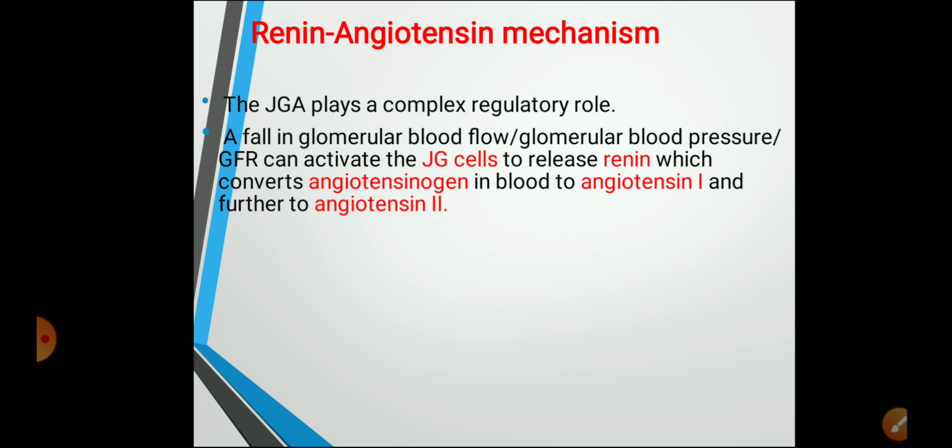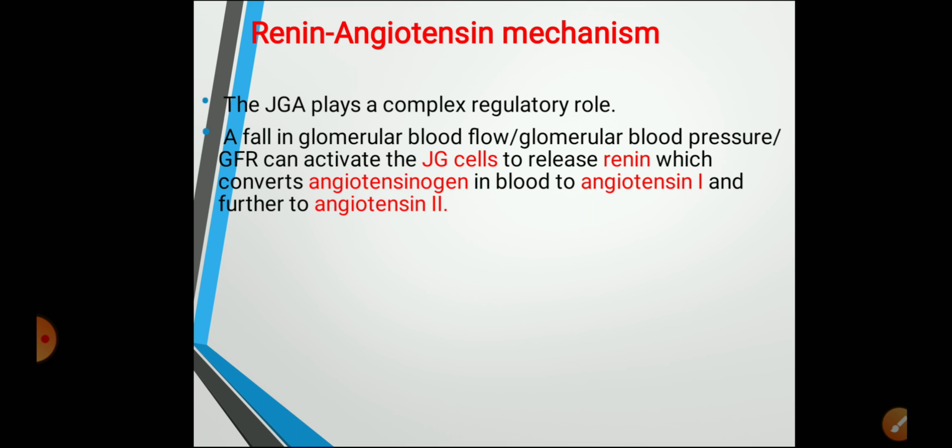Now, the JGA plays a complex regulatory role. Whenever there is a fall in the glomerular blood flow or glomerular blood pressure, or we can say GFR, whenever the glomerular filtration rate decreases, immediately the JG cells start secreting renin, which is an enzyme.